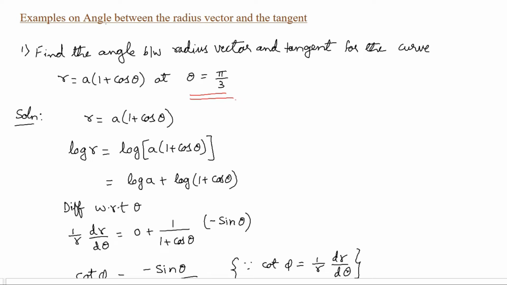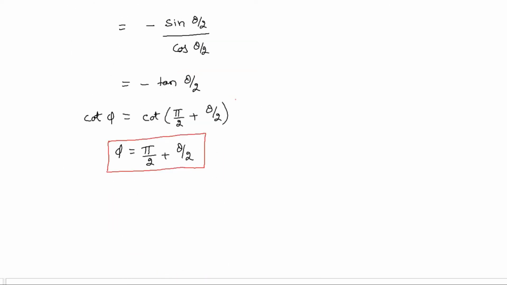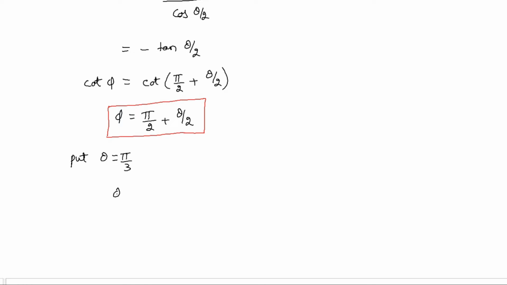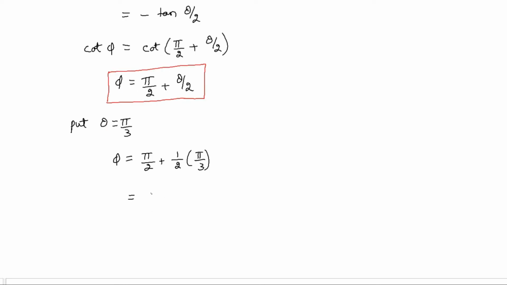So we'll just plug in the value of theta to be pi by 3. Put theta is equals to pi by 3. We get the value of phi to be equals to pi by 2 plus half times theta. Half times theta value is pi by 3, so therefore we'll be getting pi by 2 plus pi by 6. You can just take the LCM as 6 over here.